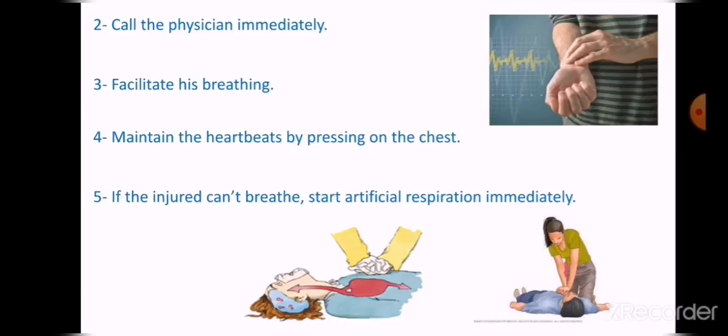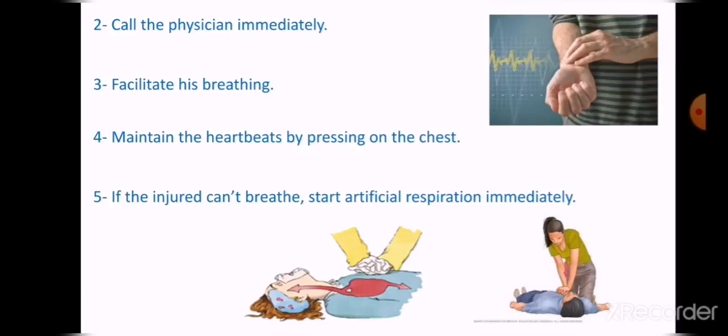Number two, we have to call the physician immediately. We have to call the doctor immediately and then facilitate his breathing. And also, we have to maintain the heartbeat by pressing on the chest.